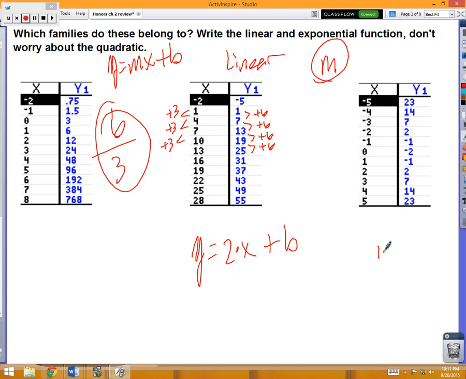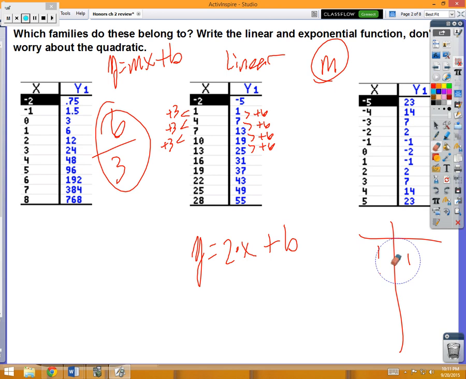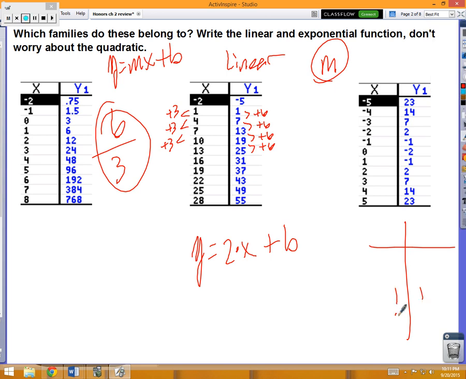If 1 is giving me a 1, I guess I need to go backwards. Here we go. 1 is giving me a 1. 2 should give me, change it twice, 2 should give me a 3. 3 should give me a 5. 4 should give me a 7.